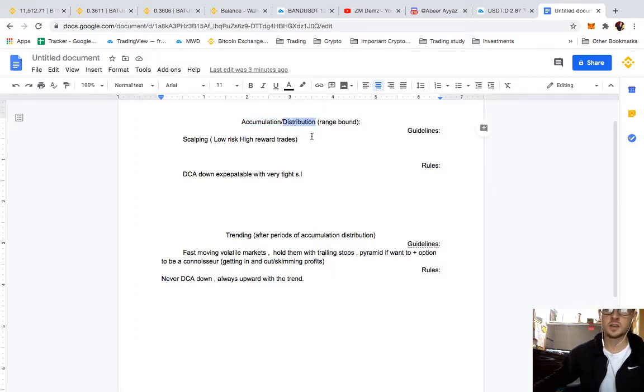How are we going to find out if it's accumulation or distribution? It's as simple a question of supply and demand, right? When supply exceeds demand, so there's more to offer, prices fall. When there's more demand for it, prices rise. So that's something that you have to meditate on and think about for Bitcoin.